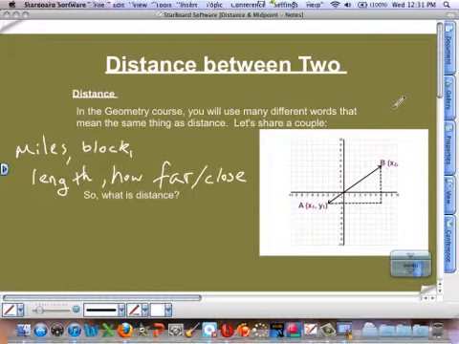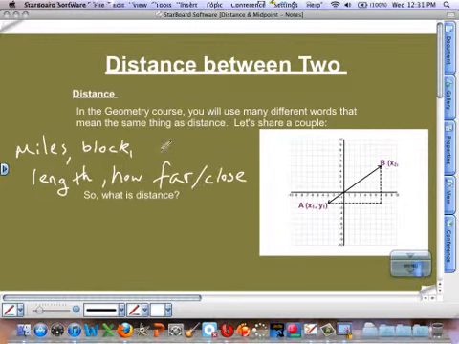Well, guys, if I started at 3 and ended at 10, what distance did I travel? 7. Okay, how'd you get that? 10 minus 3, right? You take the final and subtract the original, correct? That's how we find distance.